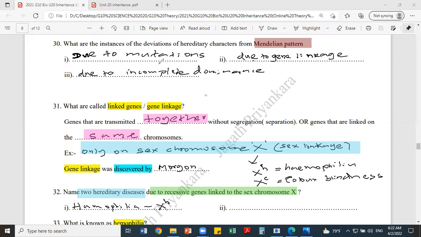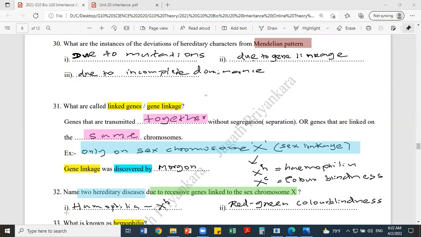Red-green color blindness. This is very important, highlight that.